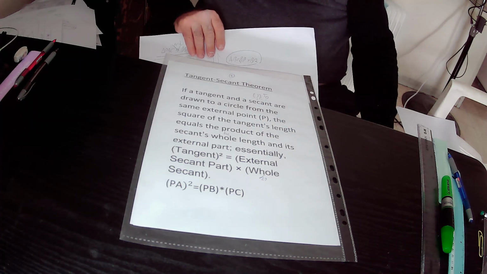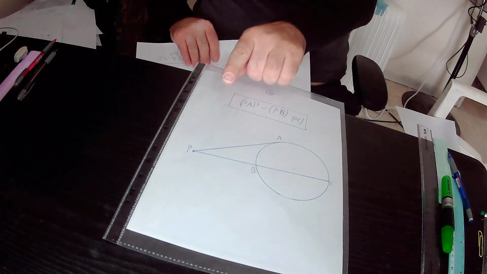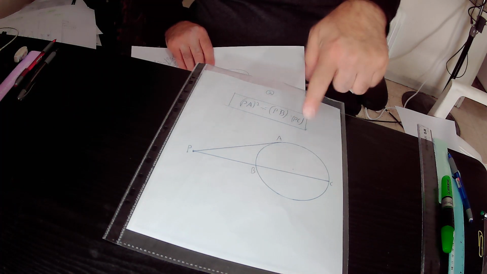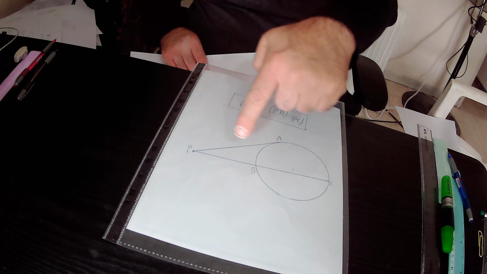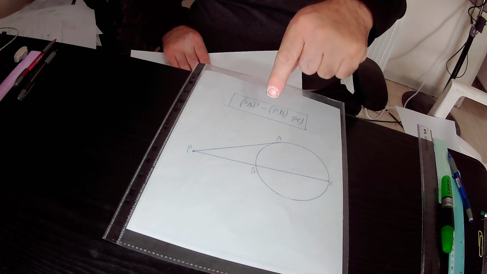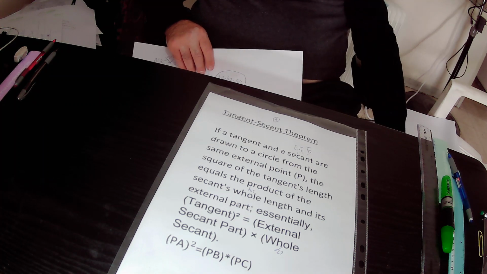According to the tangent secant theorem, if a tangent and a secant are drawn to a circle from the same point P, from this point P we have tangent PA, tangent to the circle at point A. Likewise, from the same point P, we have secant PC that cuts the circle at two points, B and C. Then the following equation is true: the square of the tangent's length equals the product of the secant's whole length and its external part.